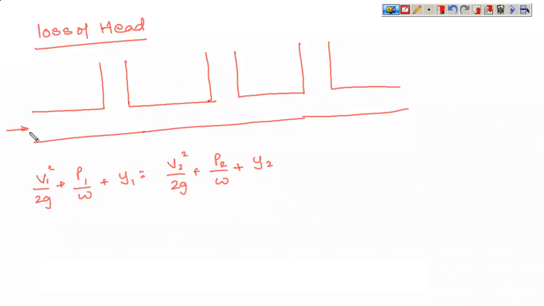So let us say that any fluid, water, is entering through this location, and this is a pipeline. You have three exit points at various locations. Let us say the pressure here is 2 bar, and the atmospheric pressure is 1 bar.